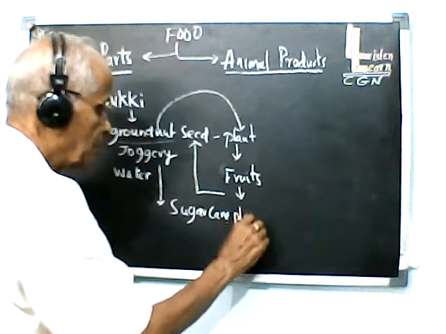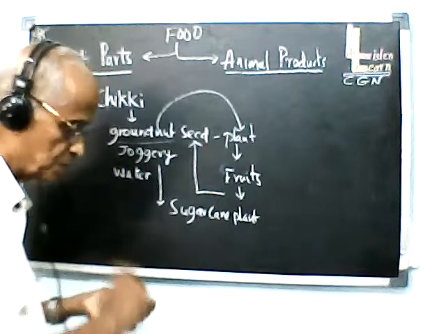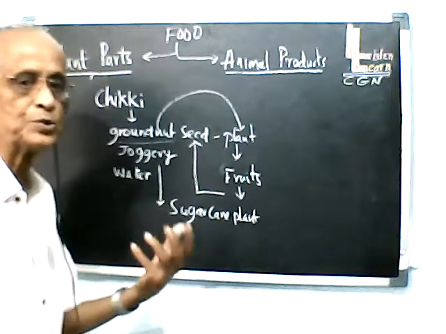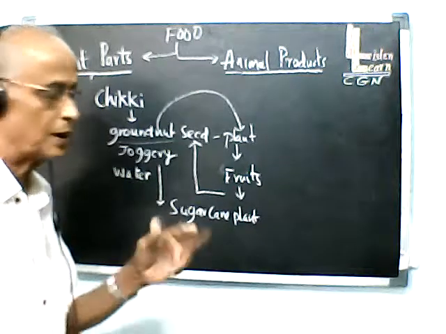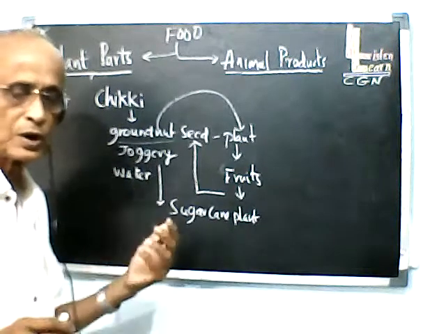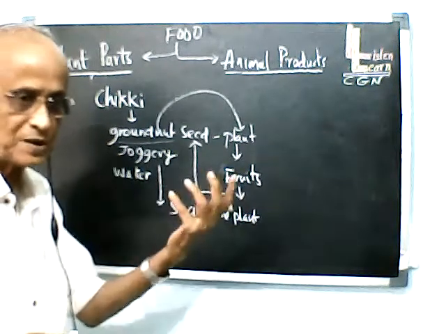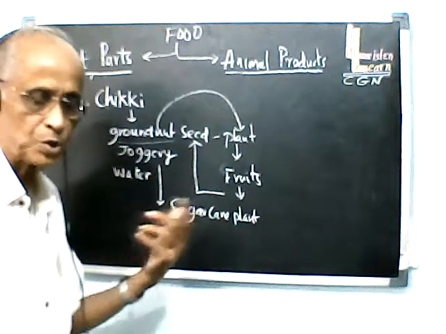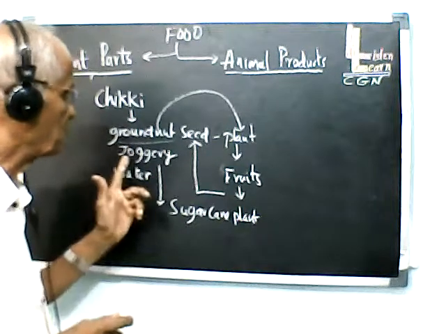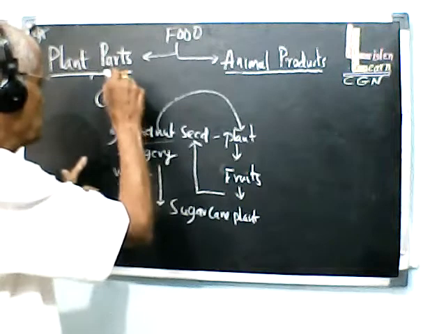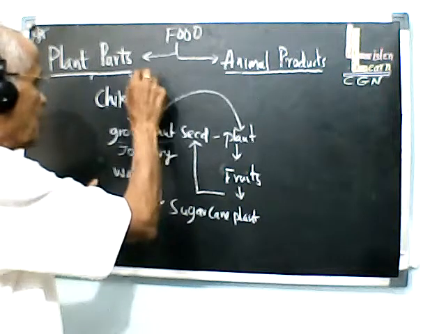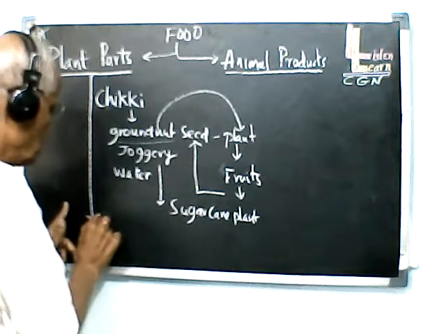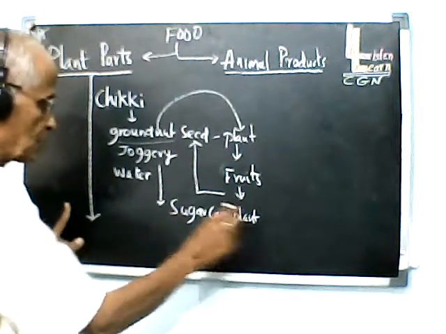Now sugarcane plant, when you crush it, you get sugarcane juice, and when this juice is heated up, you get jaggery, or when the sugarcane is sent to a factory where they get the juice and refine it, we get the sugar. That means some plant parts produce more than one type of product. So this is an idea to give you. Therefore I give the example of sugarcane.